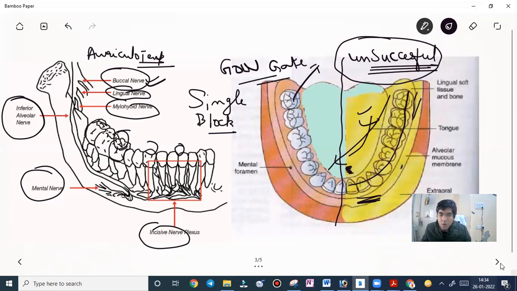Now, what are the contraindications of this block? We generally see patients who might bite their lip or tongue, such as young children and physically or mentally handicapped adults.